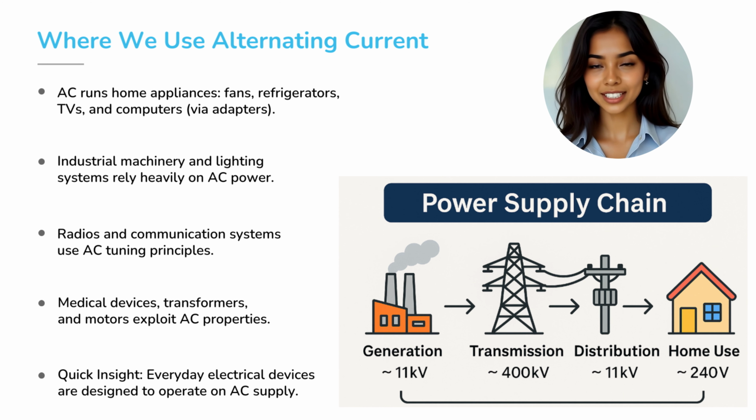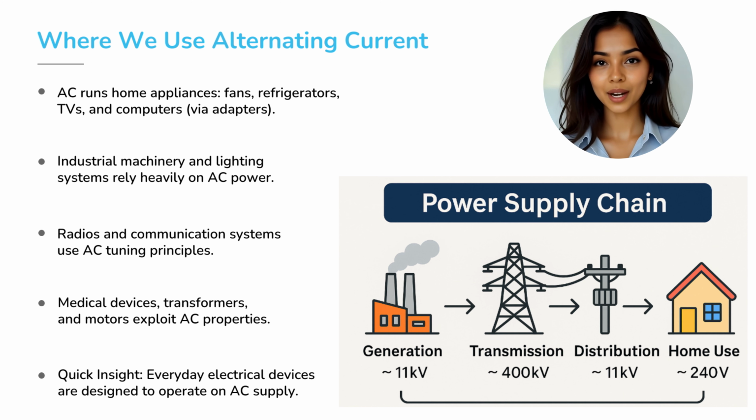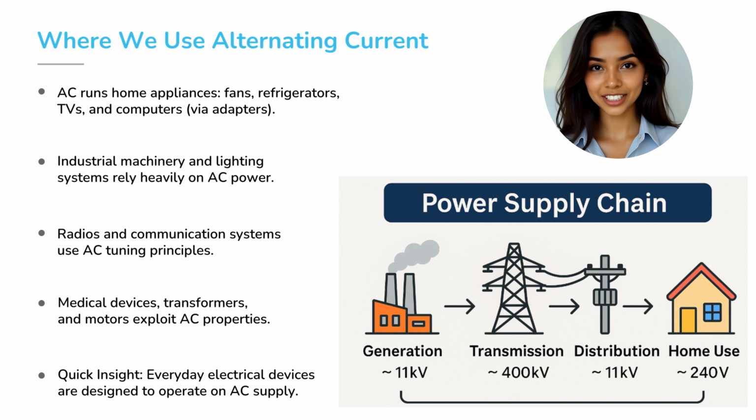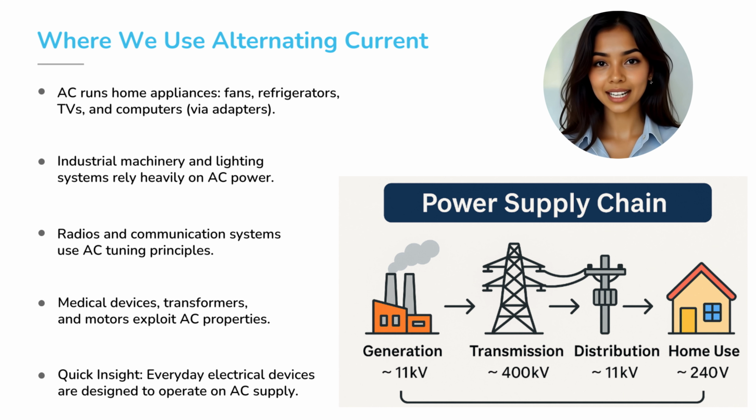And here's the quick insight: almost every electrical device around you, from a tiny mobile charger to giant city grids, is designed to operate on AC. As you can see in the diagram of the power supply chain, electricity is generated at about 11 kilovolts, stepped up to nearly 400 kilovolts for long-distance transmission, stepped down again to 11 kilovolts for distribution, and finally delivered to your home at 240 volts.